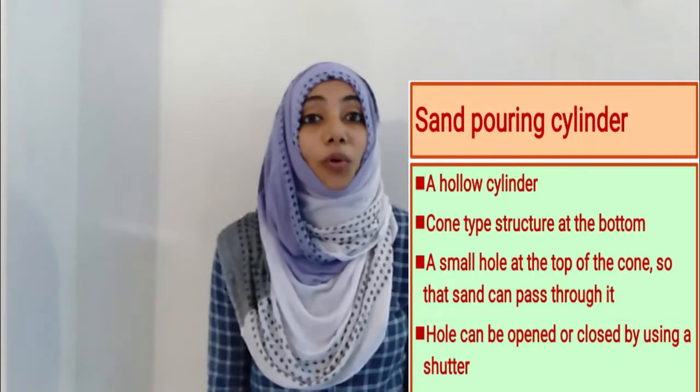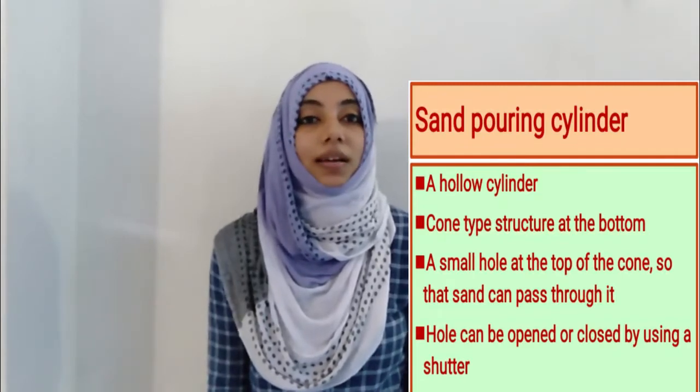The experimental setup consists of sand pouring cylinder, which is a hollow cylinder which has a cone-type structure at the bottom. At the top of the cone there is a small hole so that sand can pass through it. This hole can be opened and closed by using a shutter.